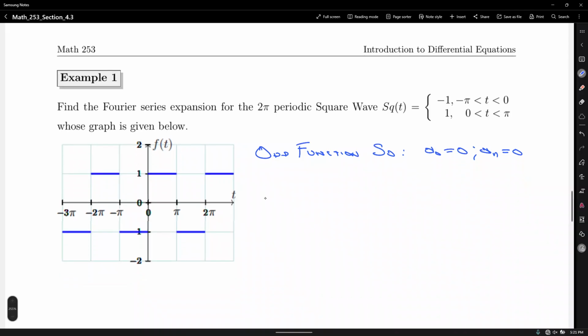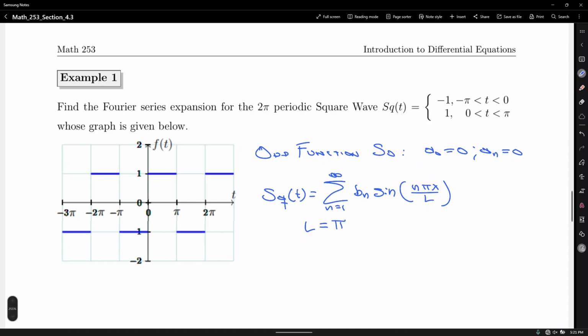So that means the square wave function sq of t will be of the form sigma n equals 1 to infinity of b sub n sine n pi x over L, okay? Where in this case, what's L? Do you guys agree this is simply pi?